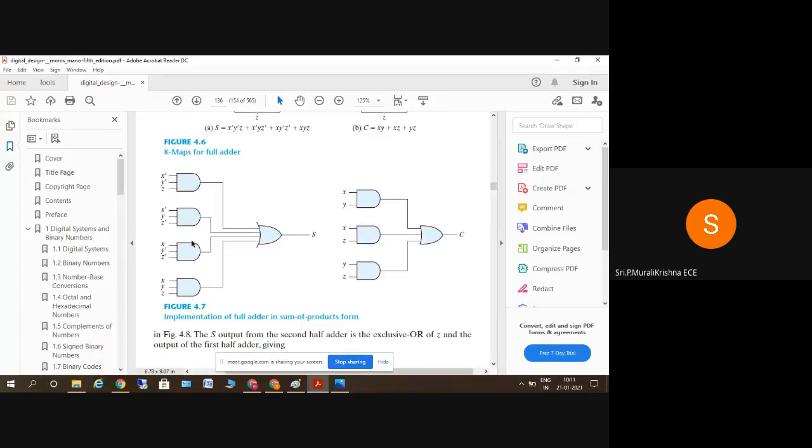Or else, for the complex one-line expression, you can write it like this. Clear? Yes, sir.